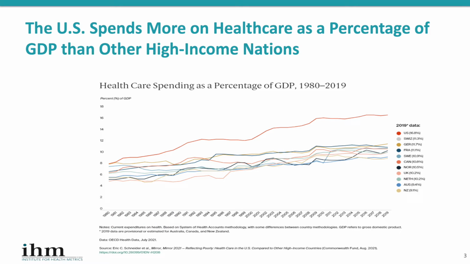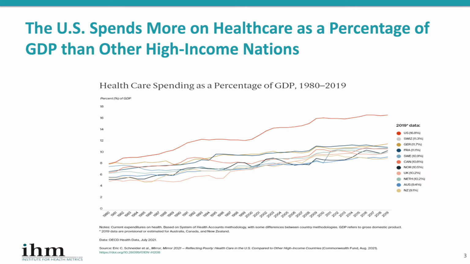Now, you've probably seen this in other forms over the years. This is not a secret. This has been going on for 40 years. The US, which is the red line, spends more on healthcare as a percentage of GDP compared to other high-income nations.